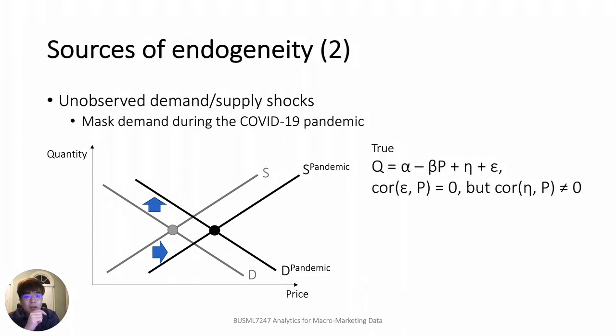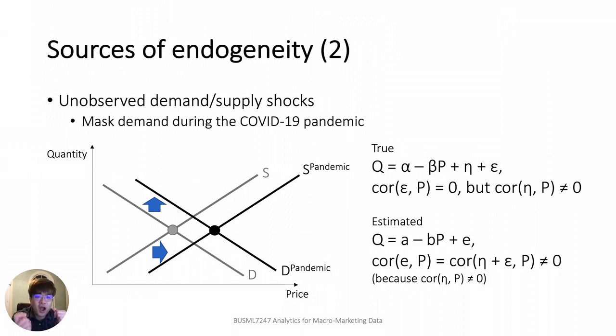That is, in the true data generating process, the demand, Q, is given by the price, P, and the demand shock from the pandemic, eta. And the price is correlated to the demand shock because the supply was also affected by the pandemic.